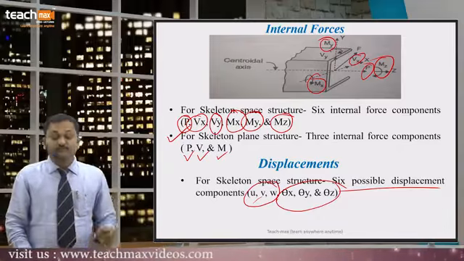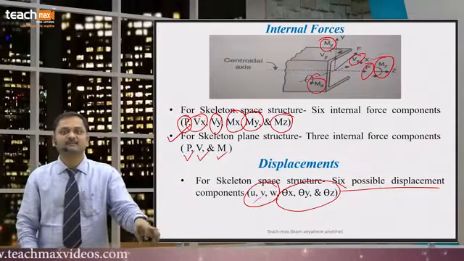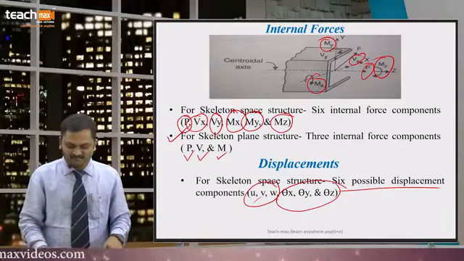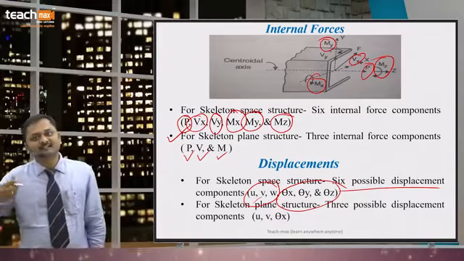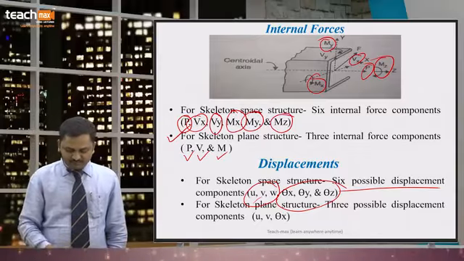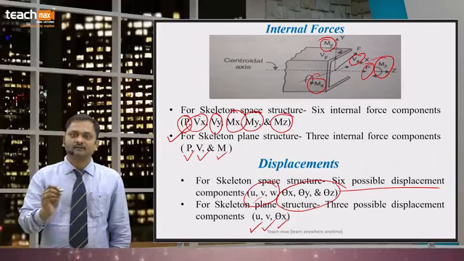So these are the possible displacements for the skeleton space structure. And what are the possible displacements for the skeleton plane structures? Here we go: it is U, V and theta x only.